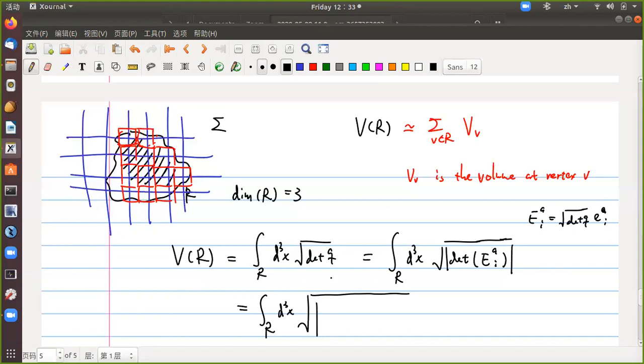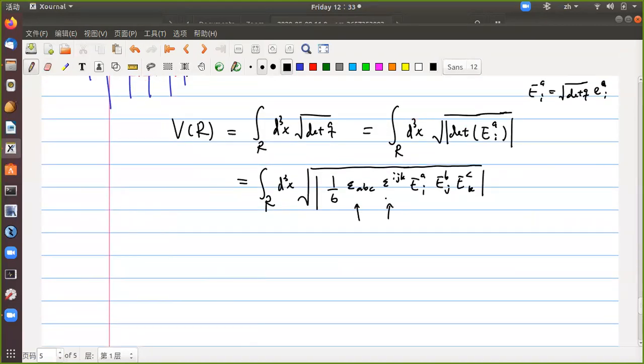So now you get the absolute value of 1/6, epsilon, epsilon, so on. So just write the determinant in terms of epsilon symbols. Again, these epsilons are all epsilon symbols. They are not epsilon tensors. They are not tensors.